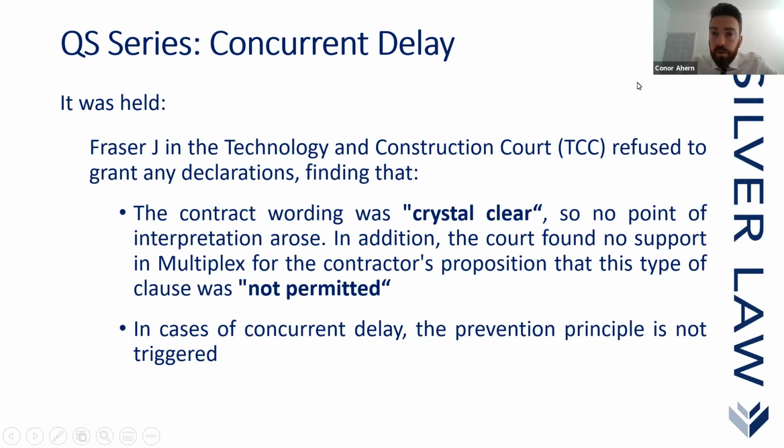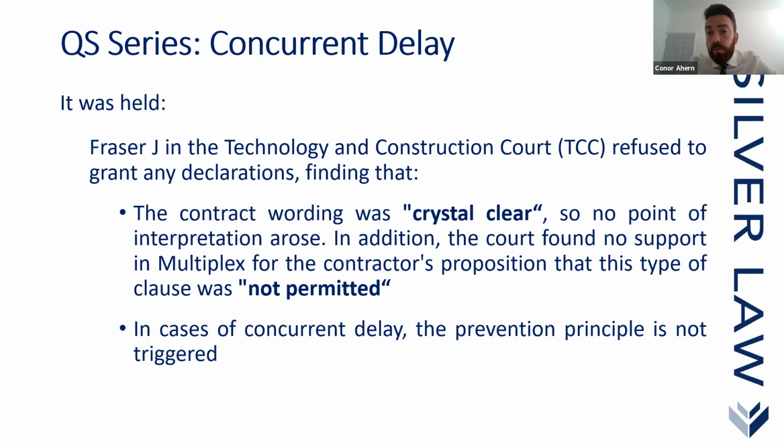And what happened there was that Justice Fraser refused to grant any declarations, finding that the contract wording was crystal clear, so no point of interpretation arose. In addition, the court found no support in Multiplex for the contractor's proposition that this type of clause was not permitted.